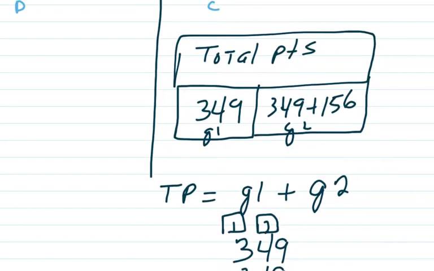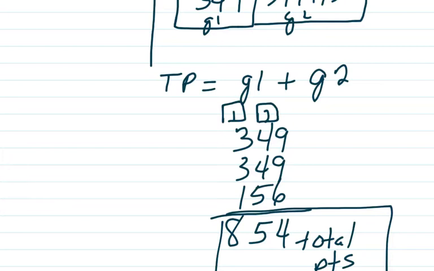Now, I need to check that just to make sure that my addition work was correct. So now I'm going to go through and check. I'm going to take 854, and once I subtract all this, I should end up with 0, like he scored no points at all. So 156.